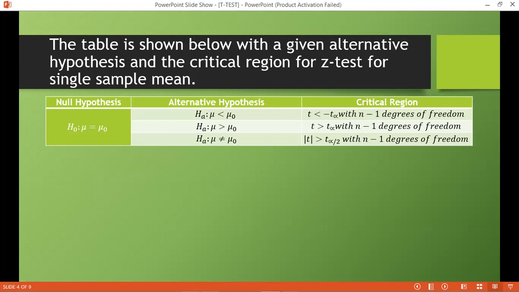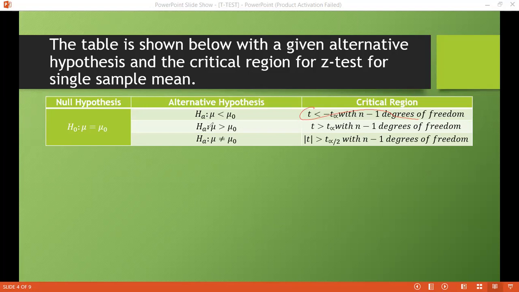The table is shown below with a given alternative hypothesis and the critical region for t-test. That should be t-test for single sample mean. When our alternative hypothesis is less than, we will use the critical region na ito: the computed T is lesser than the negative T sub alpha with n minus 1 degrees of freedom.